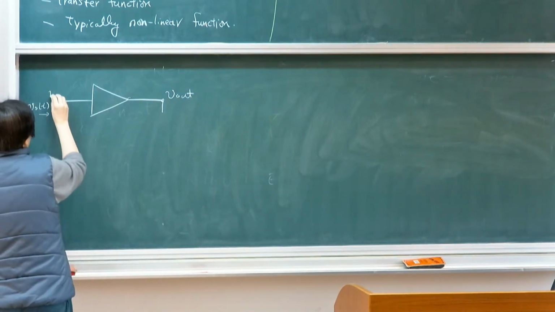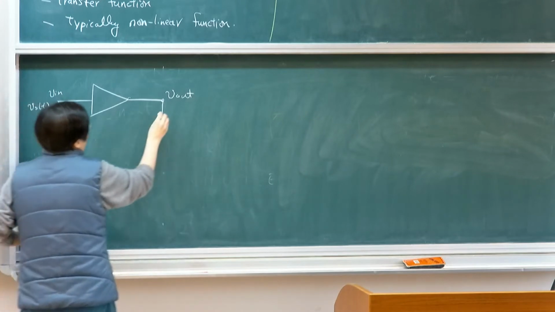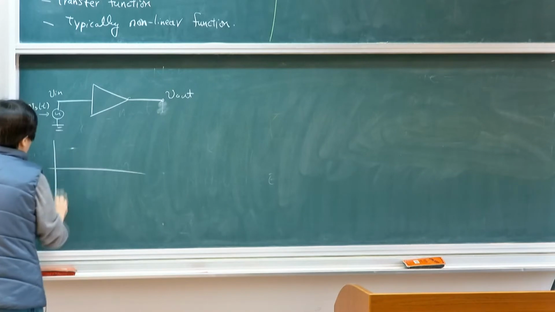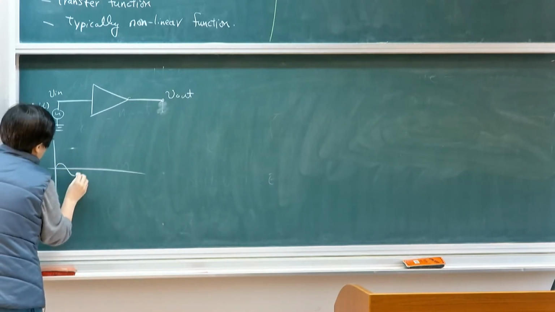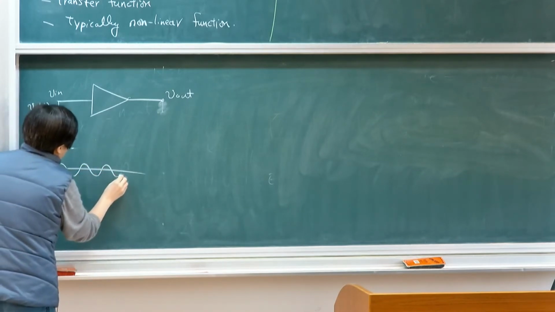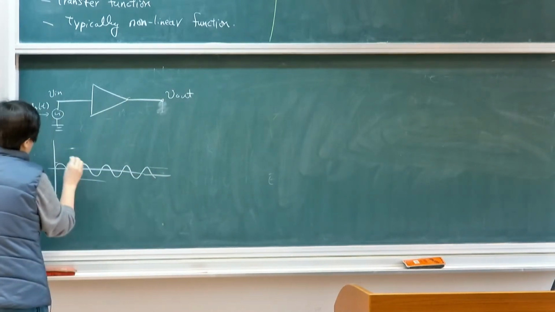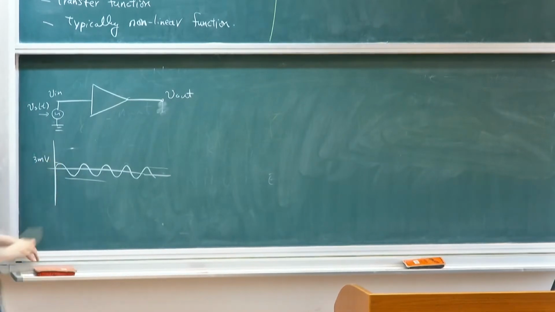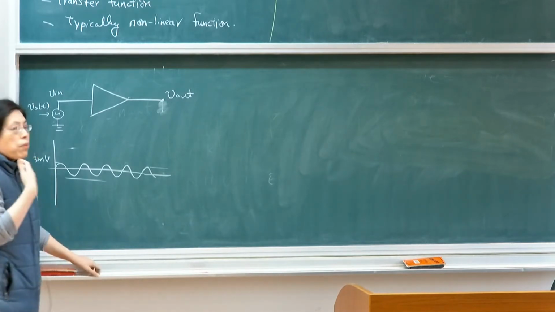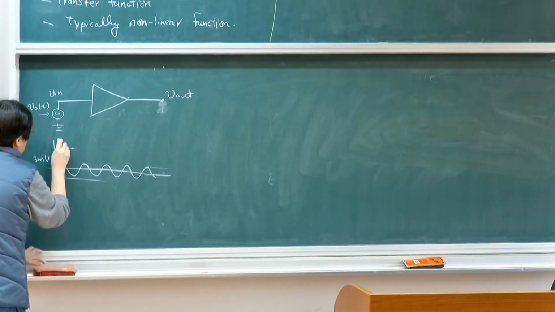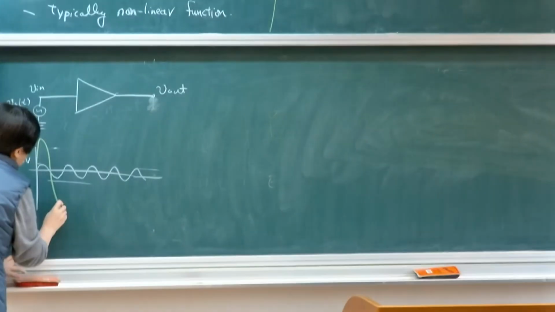So this is my input, and this is the output, for example. If I have a small signal like this, maybe picked up by the microphone, which is, for example, 3 millivolts in amplitude, I want to make it loud enough for the speaker, so the audience can hear. So I'm amplifying my voice with this amplifier. I'm expecting it to amplify by maybe 50 times.